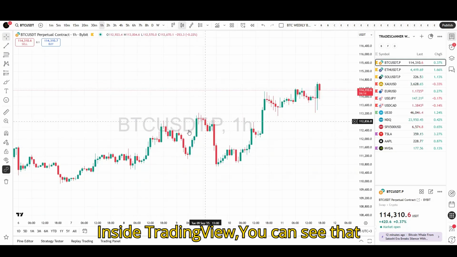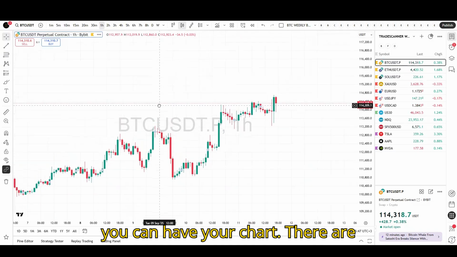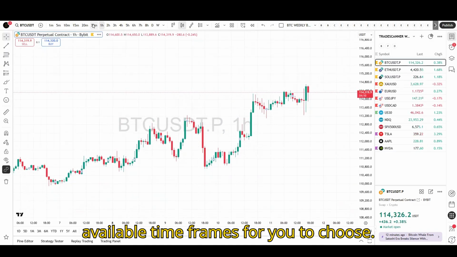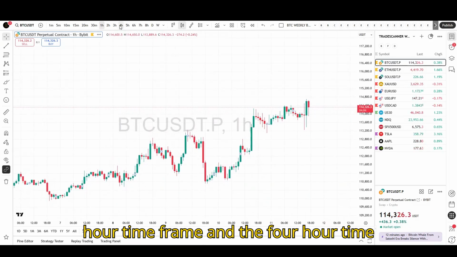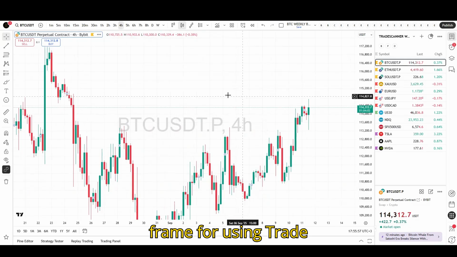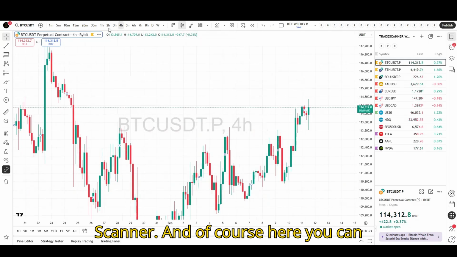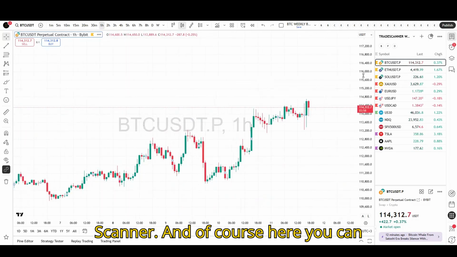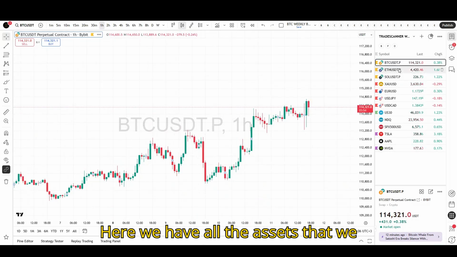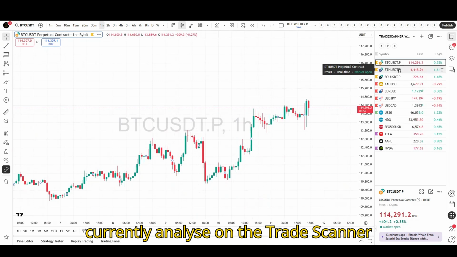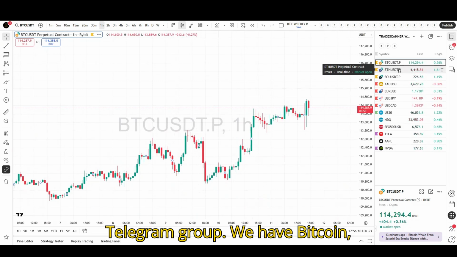Inside TradingView, you can see that you can have your chart. There are available time frames for you to choose. We suggest that you use the 1 hour time frame and the 4 hour time frame for Trade Scanner. And of course, here you can select the list of all your assets. Here we have all the assets that we currently analyze on the Trade Scanner Telegram group.